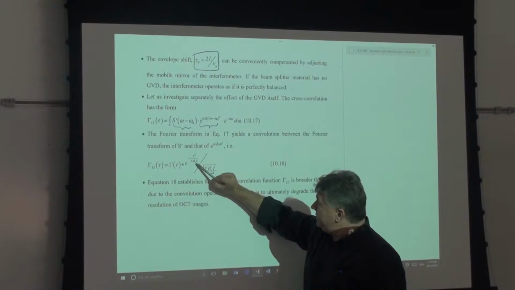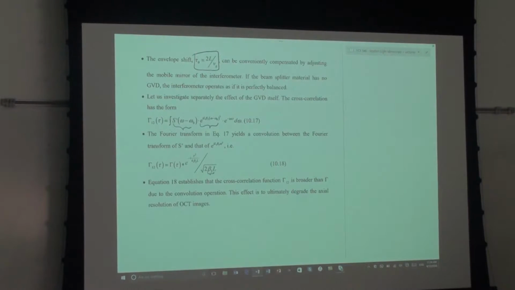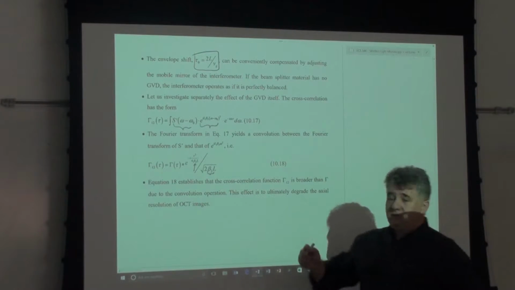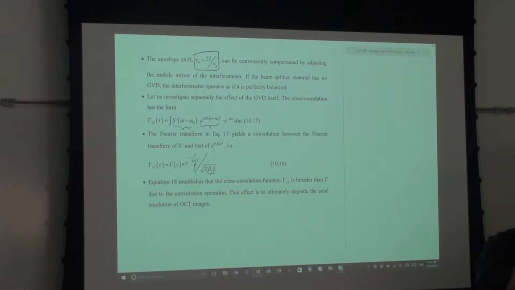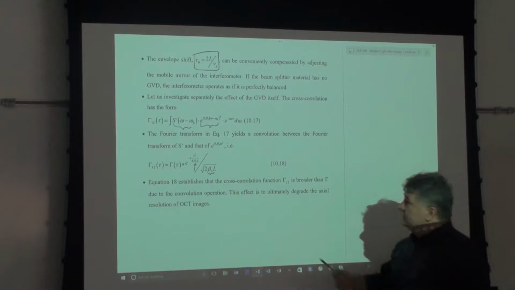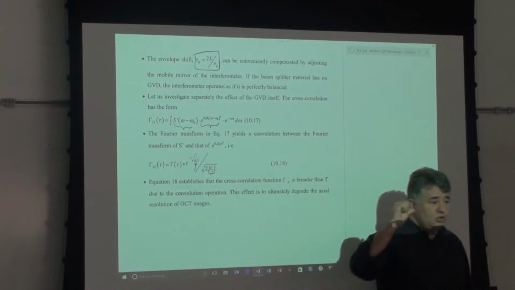And at the bottom I have the width of the Gaussian has the group velocity dispersion beta 2. That's the typical notation for it. And L, meaning that my gamma, my coherence function or the cross correlation function, gets fatter. How fat? Well, it depends on the width of the Gaussian.